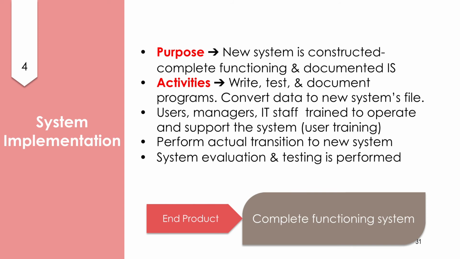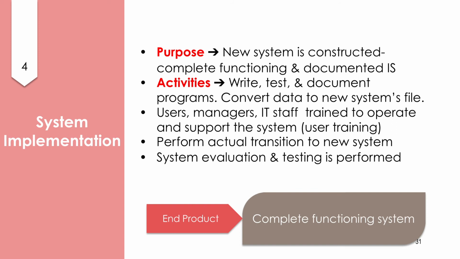And then you also have to convert the data to the new system's file. Okay, meaning that if the system requires the existing data, so you have to convert the data from the previous system to the new system, and then also you have to do the user training or the support. Okay, the support training. And then the development team also has to perform the actual transition to the new system.